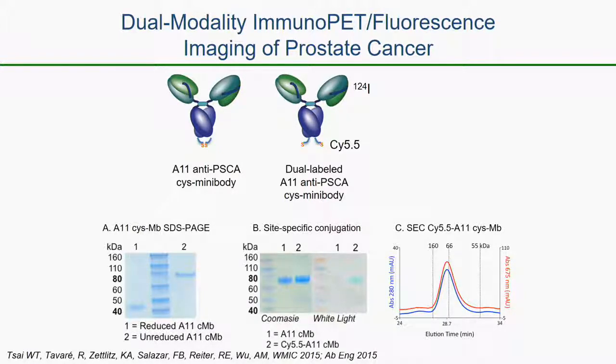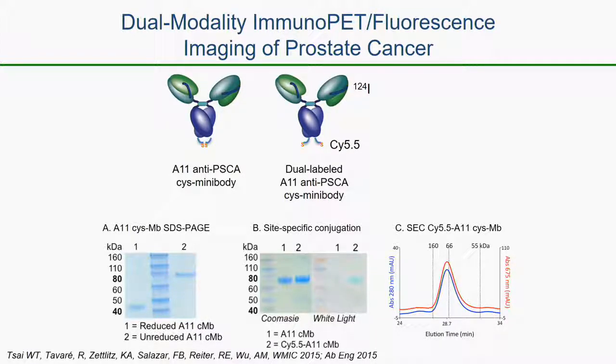It's not completely an inert, neutral process, because if you over-modify, even in this site-specific fashion, if you over-modify that protein with the Cy5 dye, you can push the biodistribution more towards the liver. So she found she had to really keep the conjugation ratio at not much higher than a 1-to-1 molar ratio of dye onto the protein.